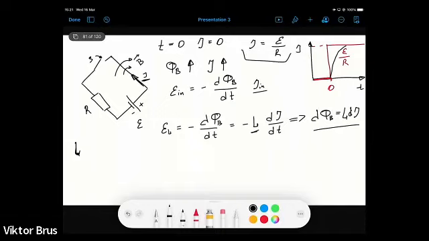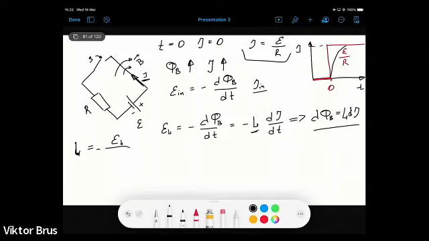So also what we can write from here is that this inductance is equal to the self-induced electromotive force EL divided by the first derivative of electric current over time.